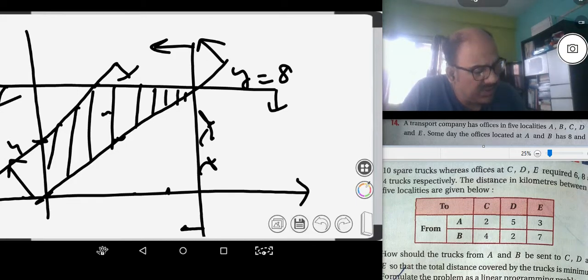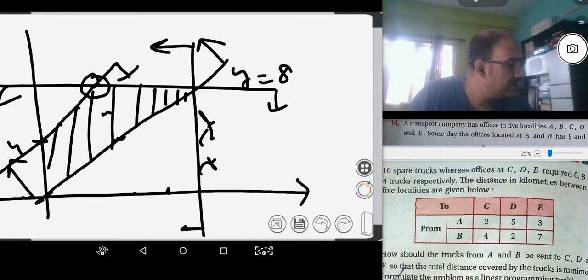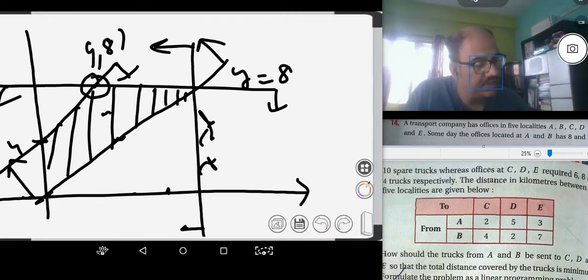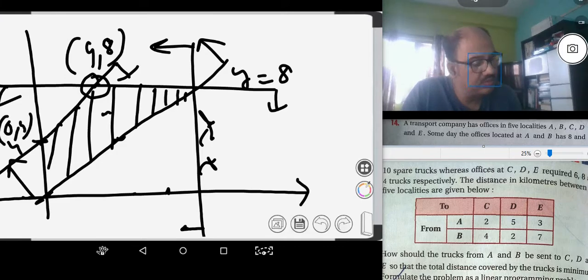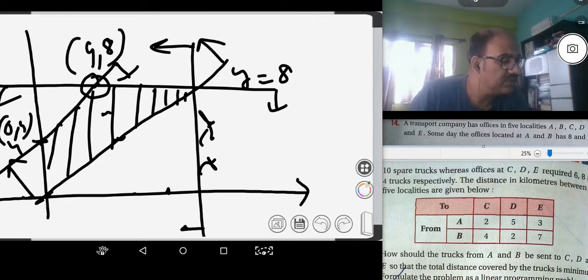So this is one point. I think x equals 4 and y equals 8, so this point is 4 comma 8. This point is 0 comma 4. 8 is possible, x equals 8.